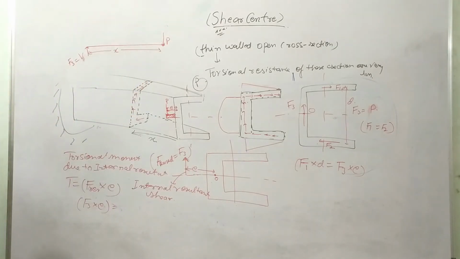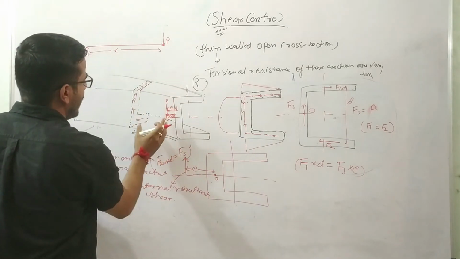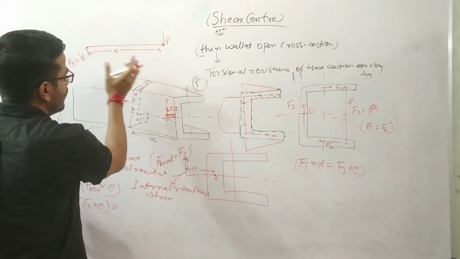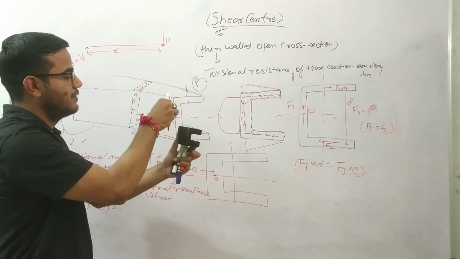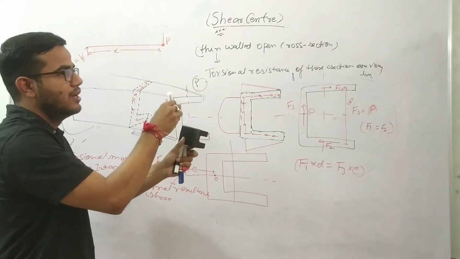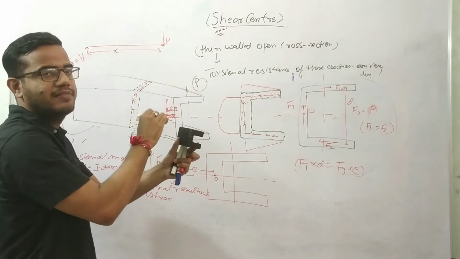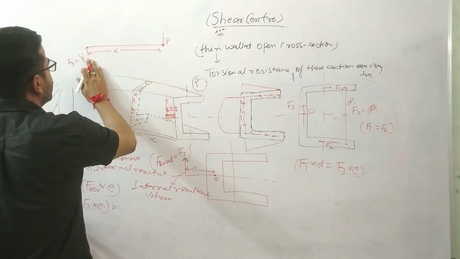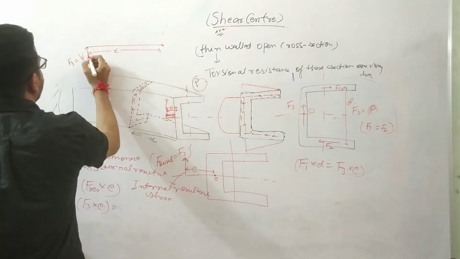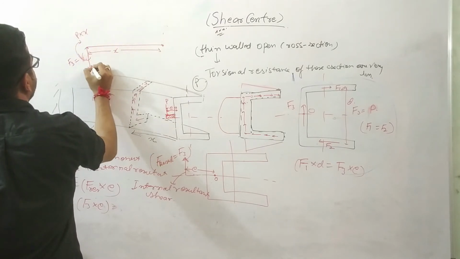Now what I can do is transfer this P force along the axis to this cross section. By transferring it, there will be some moment plus this vertical force. So if I transfer this force to this point, there will be some moment P into X and there will be some vertical force P at this point.